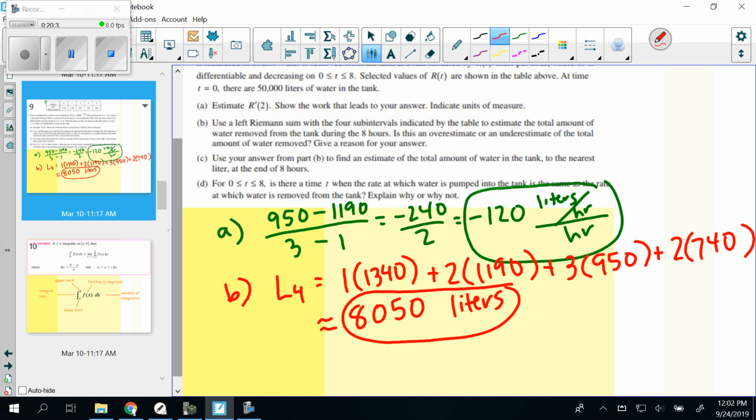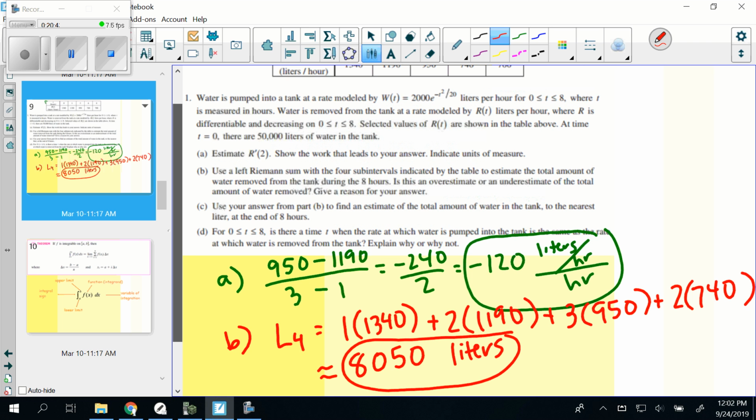The other part of this question, they want to know, is this an underestimate or overestimate? To get this, you have to see, okay, if we go back up, is the water leaving or going in? Well, we know it's leaving because it says it's decreasing.